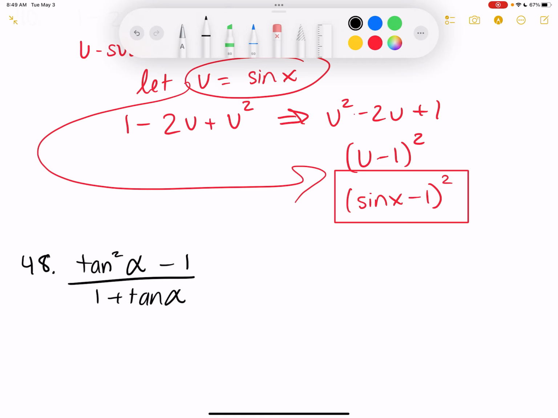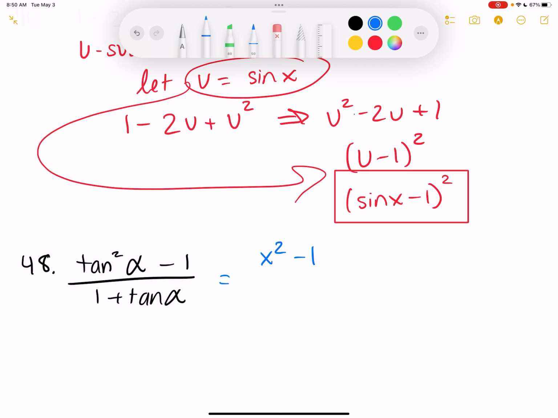It's technically a Pythagorean identity, but it's subtracting, so it's not. But what do you see in the top? Something's being squared. If I were to rewrite this, what would you tell me to do on top? Looks like a difference of squares to me.